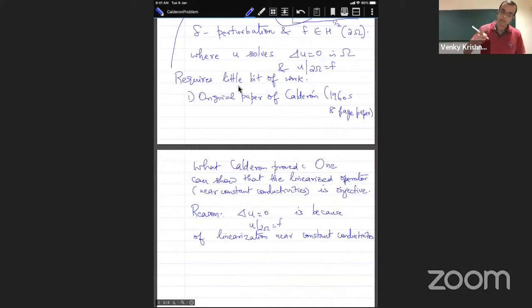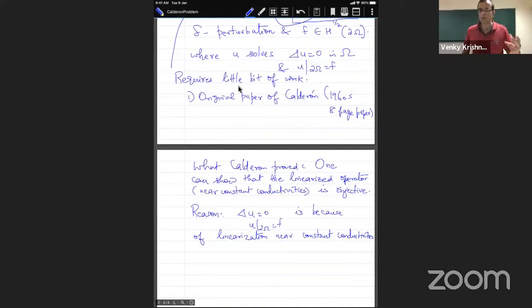Now, if you were to linearize near other points, let's say gamma naught, which is in general a function, then you will actually get solutions to the conductivity equation. That is, you need to produce enough solutions. If you linearize near non-constant conductivities, your solution u with the prescribed Dirichlet data would solve not Laplace u equal to 0, but the conductivity equation.